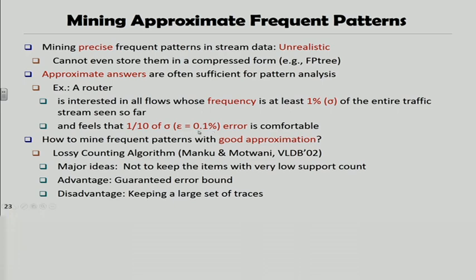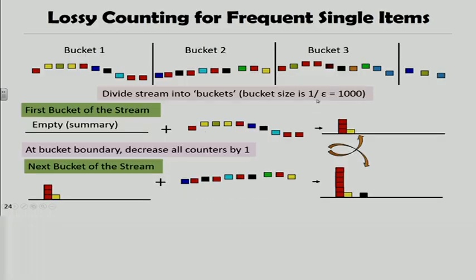What he claims is, if you want your error rate epsilon to be at most 0.1%, your bucket size should be 1,000. You can see this is 1 over epsilon. Epsilon is 0.1%, and 1 over 0.1% is 1,000. That means your memory size really should be 1,000. If your bucket size is not 1,000, I cannot guarantee your error rate.